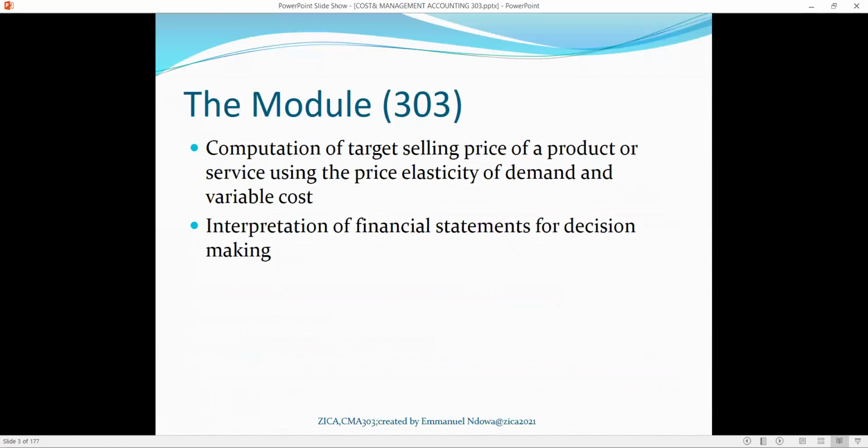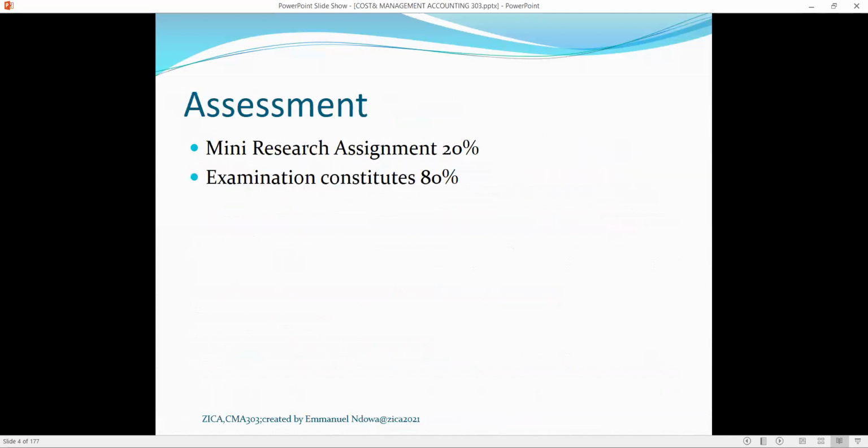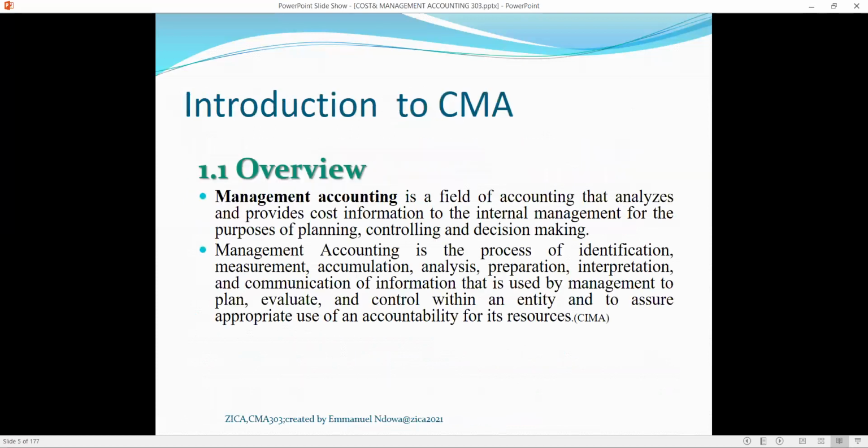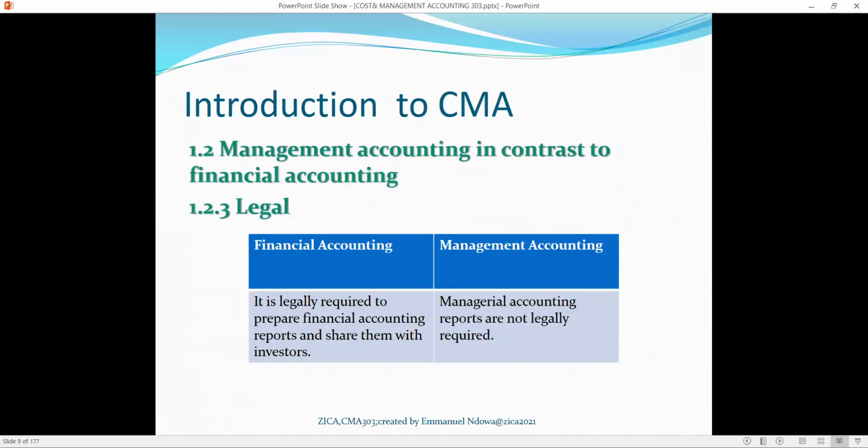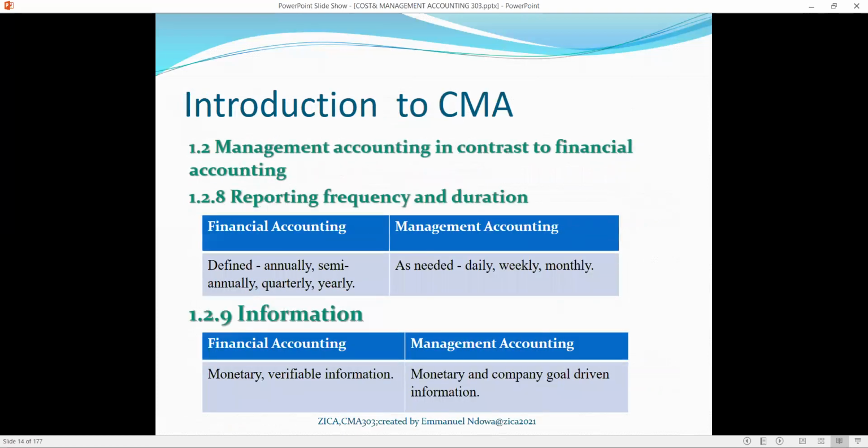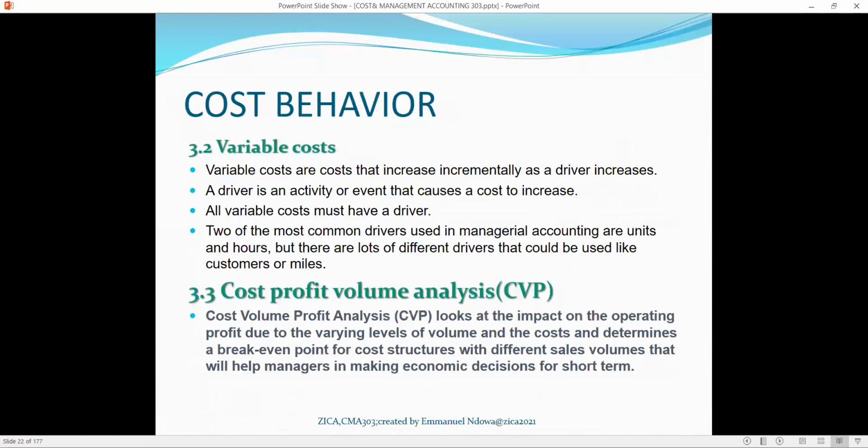So in the last lecture, we learned the introduction part, the duties of the cost and management accountant, his roles, and all the stuff. Today we are going to look at a new chapter, which is cost behavior.